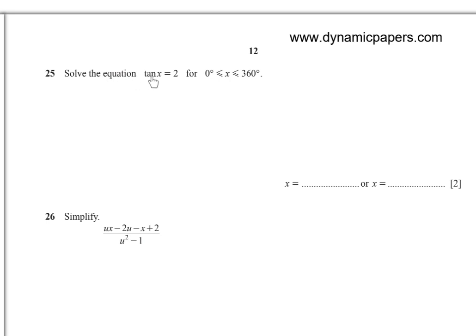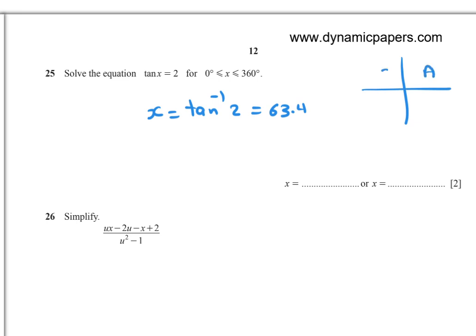Question 25: solve the equation tan x equals 2 for x between 0 and 360. So x equals inverse tan of 2. Find the acute angle, which equals 63.4. Now tan is positive, so in which quadrants, from the ASTC rule?